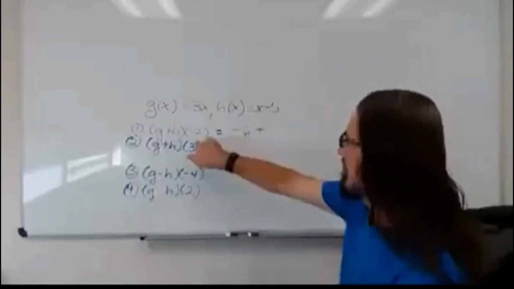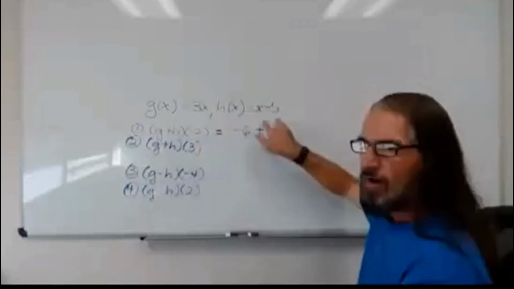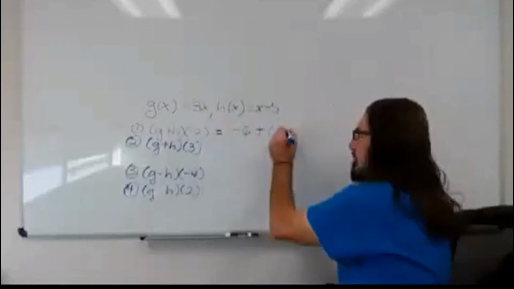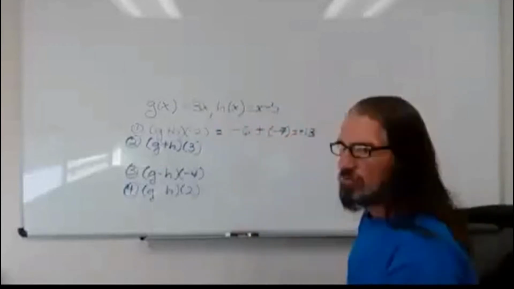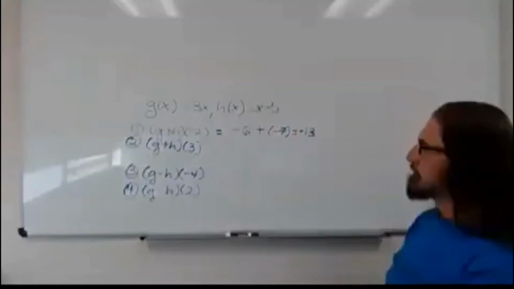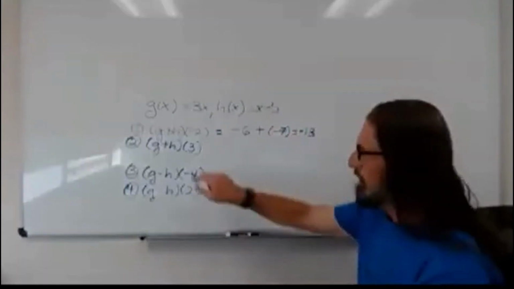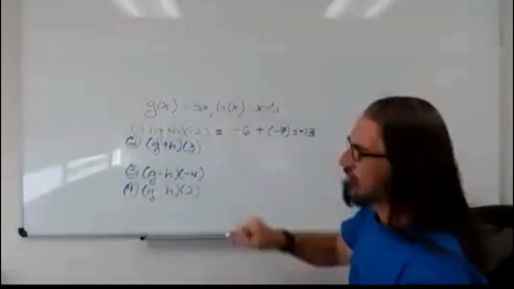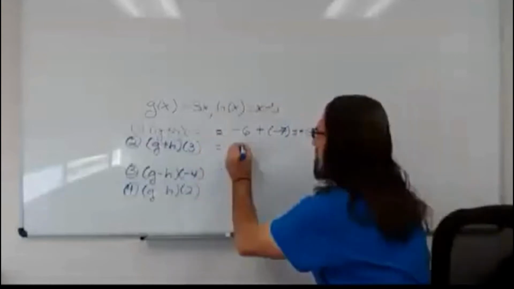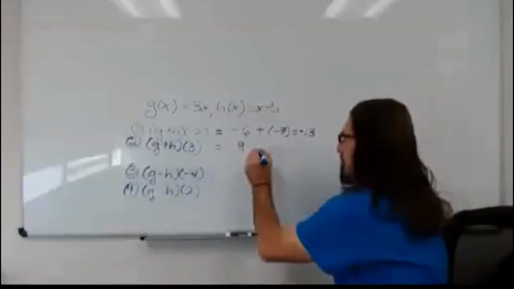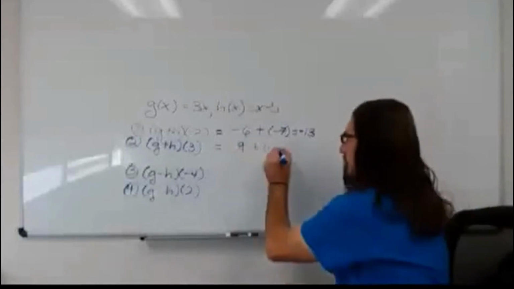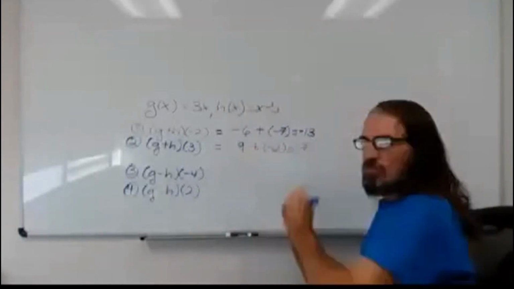And negative 2 minus 5 is negative 7 for a result of negative 13. And then similarly, putting in 3 into g, that's 9. 3 minus 5 is negative 2 for a sum of 7.